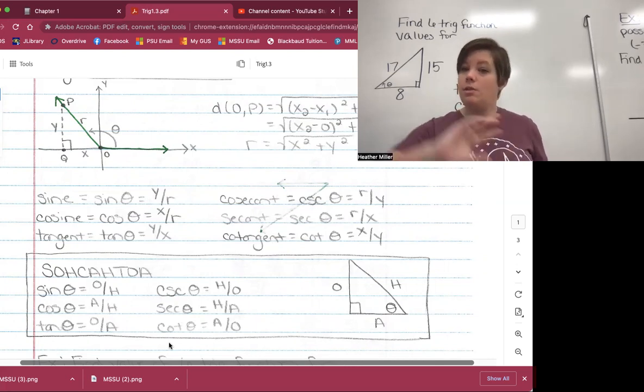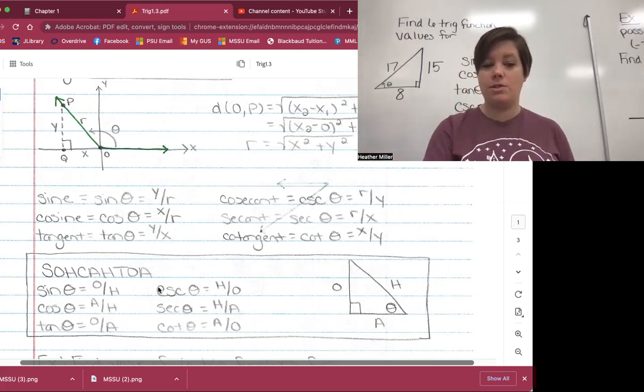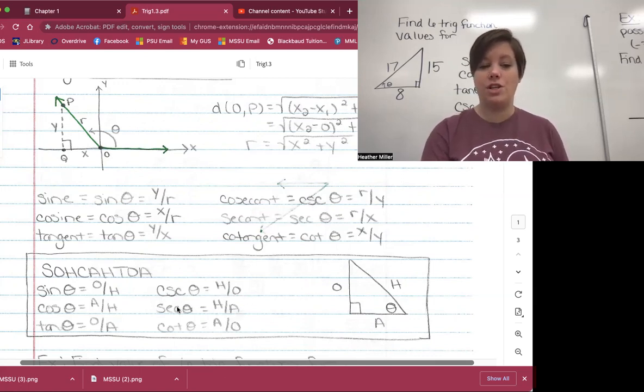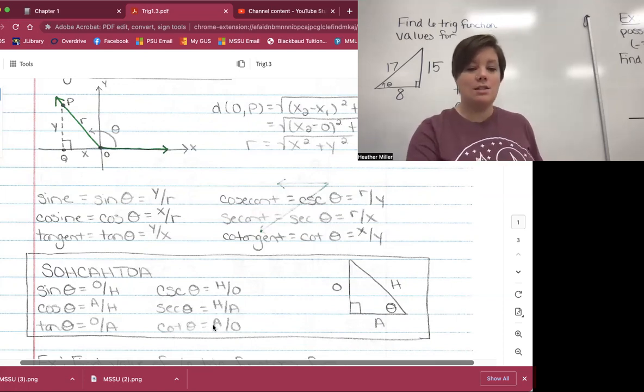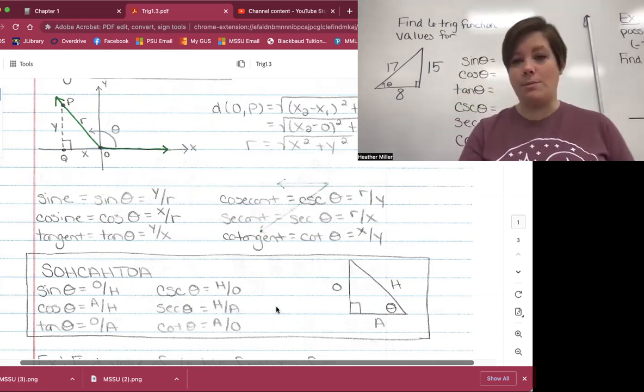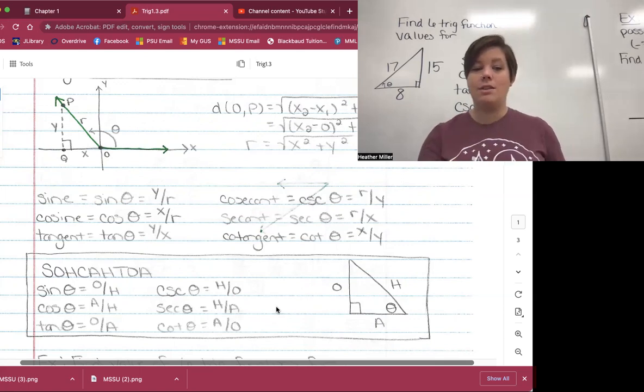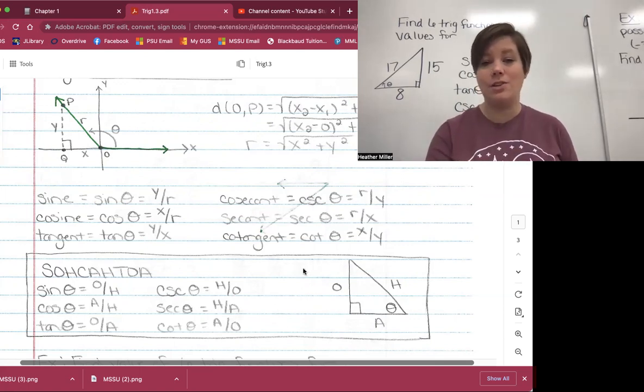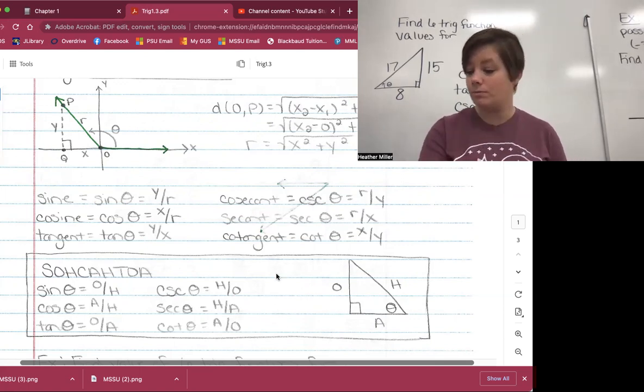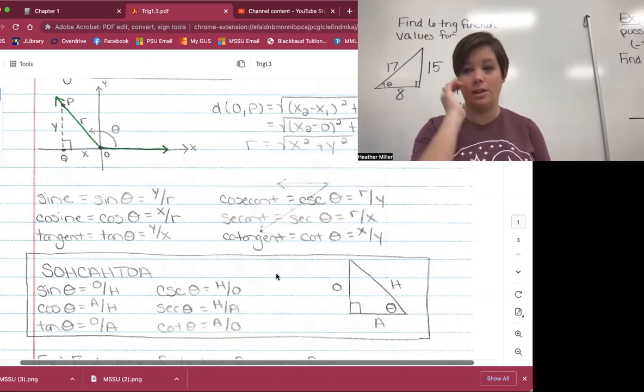And then their inverses, you flip them. So cosecant is hypotenuse over opposite, secant is hypotenuse over adjacent, and cotangent is adjacent over opposite. So again, these different pairings are giving you the exact same information. It's just presented slightly differently.